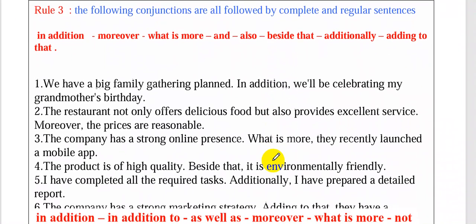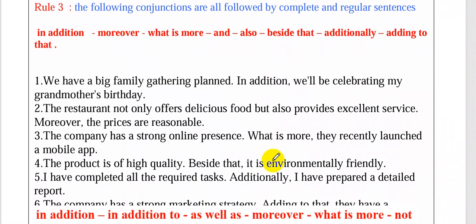The third rule, and this is the list we normally use in our writing. This list of conjunctions, "also," again and again, have the same meaning as "and." Okay? In addition, moreover, what's more, besides that, additionally, adding to that, furthermore, and so on.